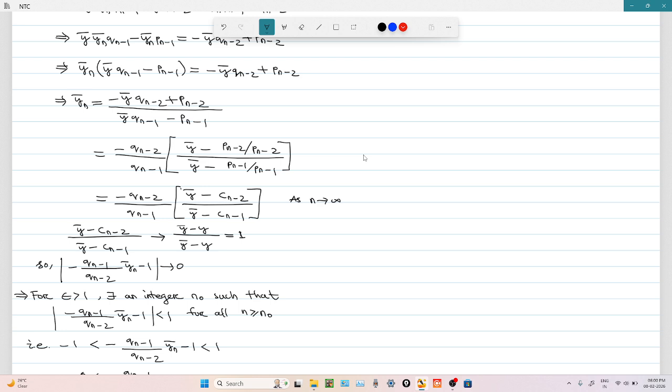We just take yn bar as common from these terms, and then take minus q n minus 2 common from this term; the positive sign becomes a negative sign here.